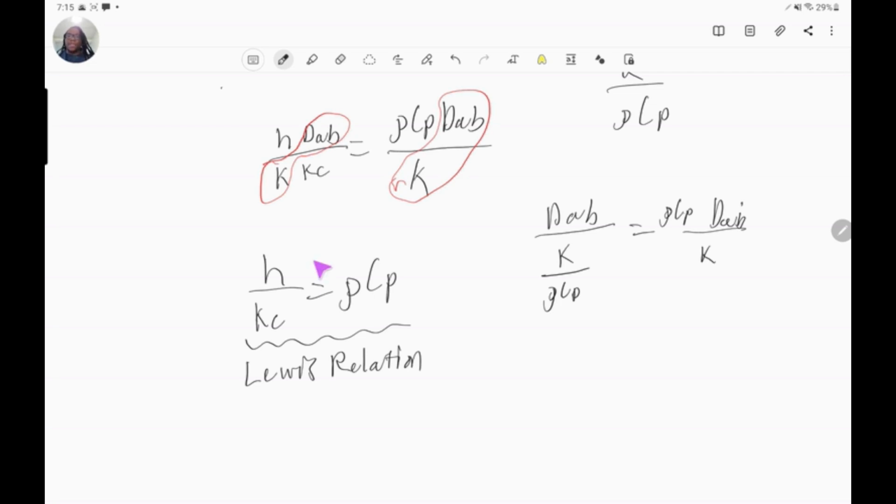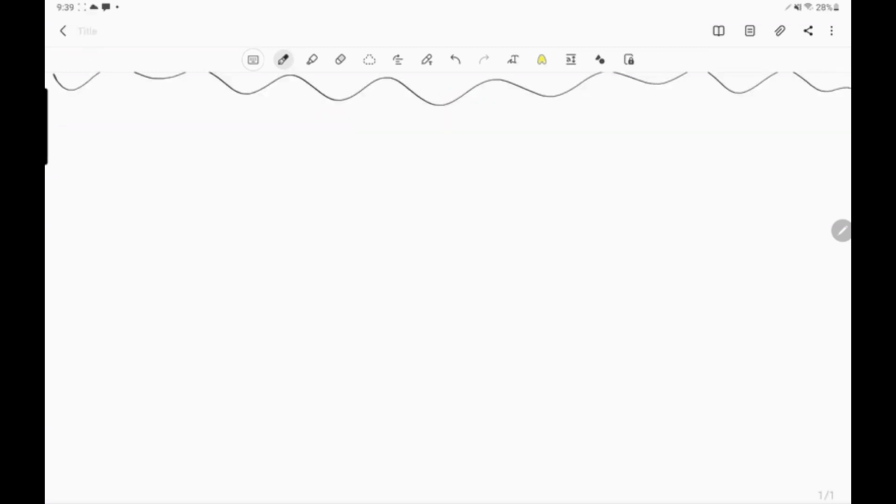And so here we see a relation between our mass transfer and our heat transfer, and that's related to our density times our specific heat, so our volumetric specific heat, and that'll be important later. So we'll define that. We'll show the importance of that later. All right, now we're moving on to our next section here.